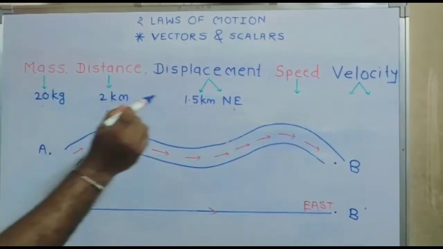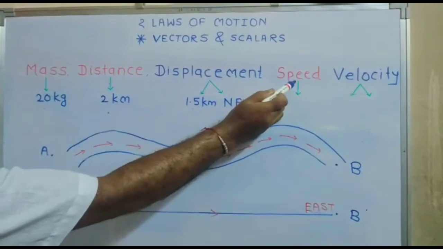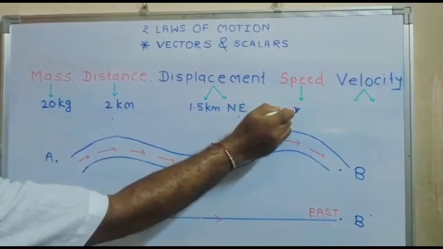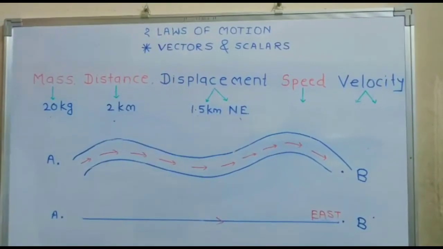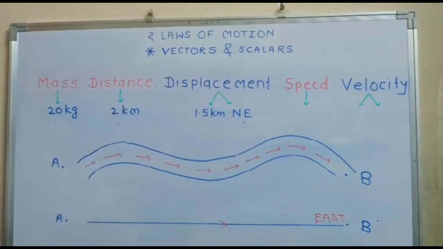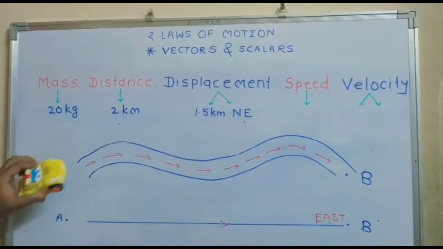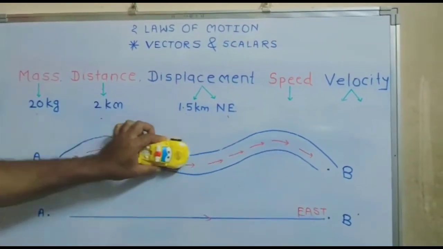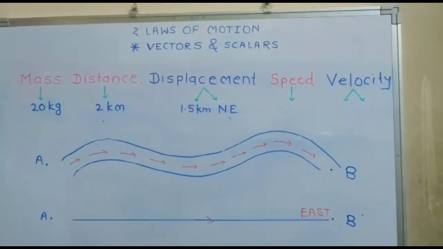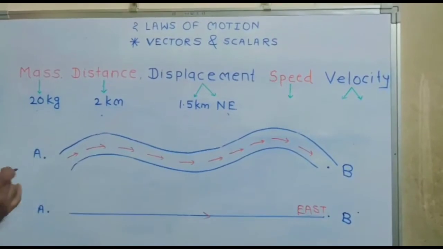Now we will learn the fourth quantity, that is the speed. What is the speed? Distance covered by an object per unit time is known as speed. Now, to demonstrate the concept of speed, I have taken here a car. Your car will move like this on the road from point A to point B. Now, look here.